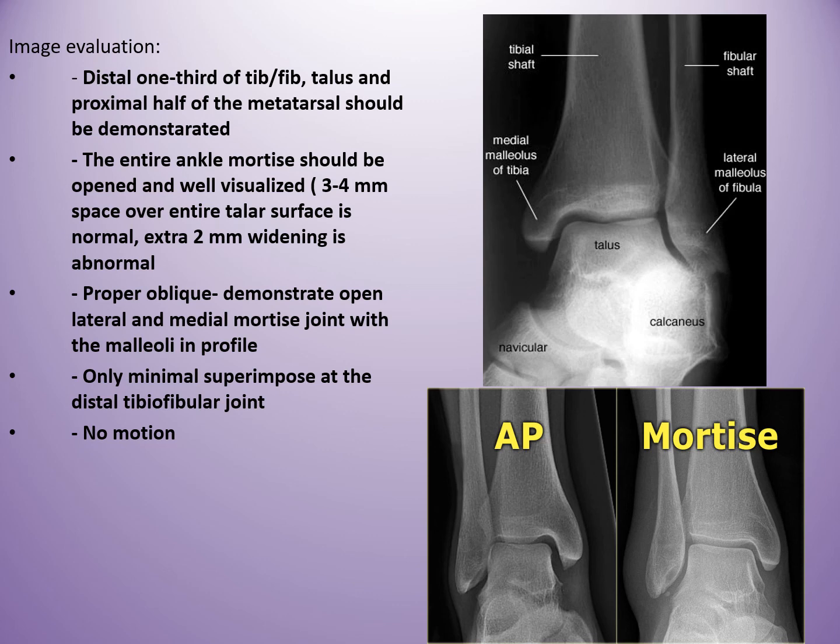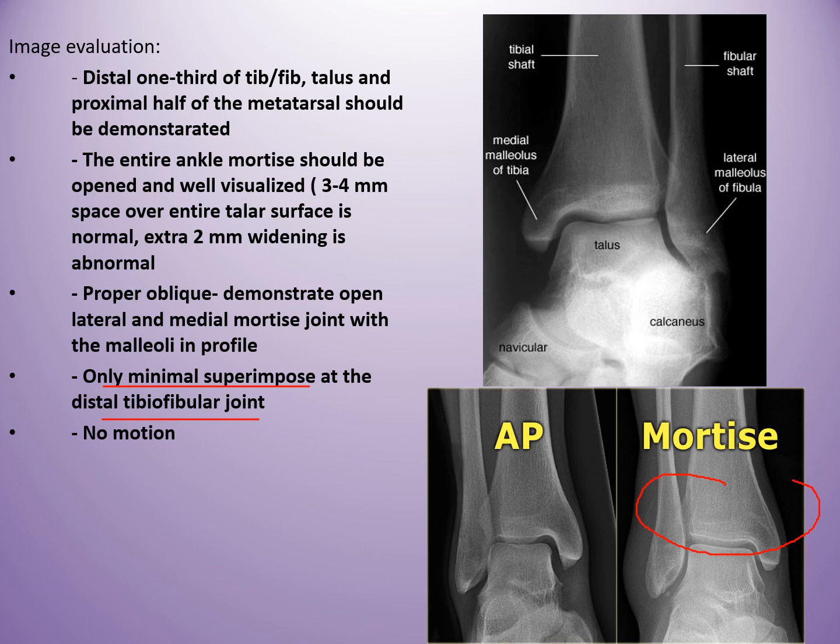The distal part of the distal third of the tibia, fibula and talus, and as much as possible half of the metatarsal should be demonstrated. If you see a little of the metatarsal and navicular, it is alright. The area of the mortise is very minimal, only minimally superimposed at the distal tibia fibula.